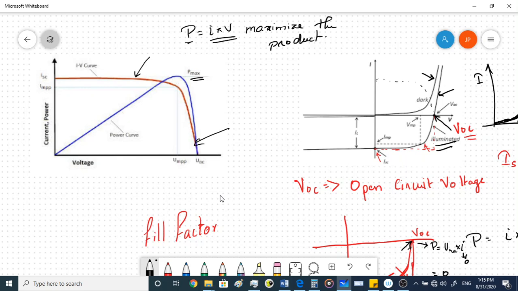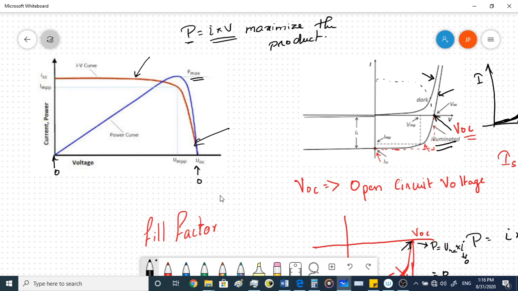The maximum power will not occur when I is maximum, nor will it occur when V is maximum. It will only occur when the product is maximum. So you can see in this graph, if you look at the power over here, here it is 0, again here also it is 0, right?